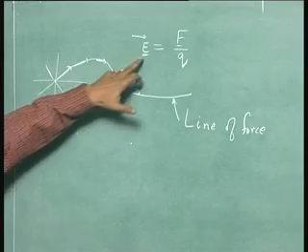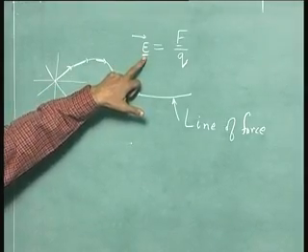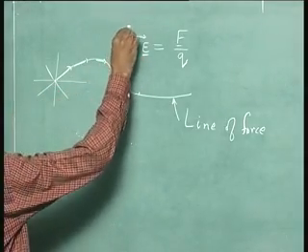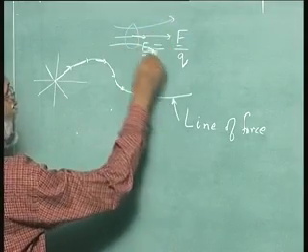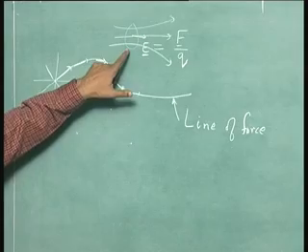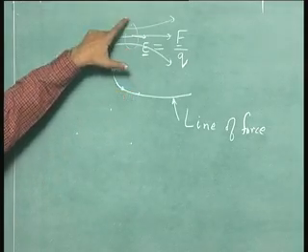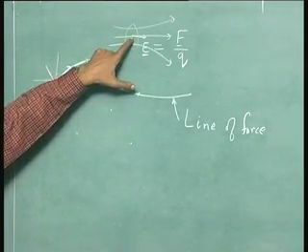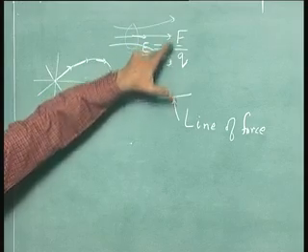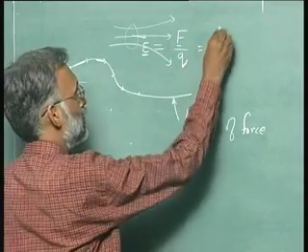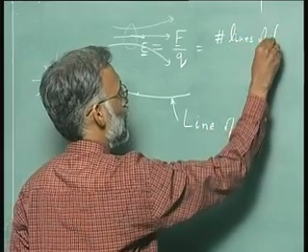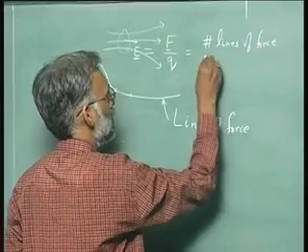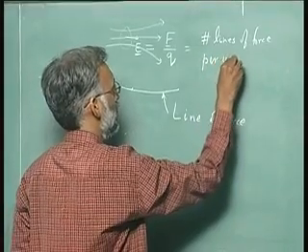And another way of talking about the strength of the electric field is to count the number of lines of force that cut through unit surface area at a point. So, electric field is F over Q, but it is also equal to number of lines of force per unit area.